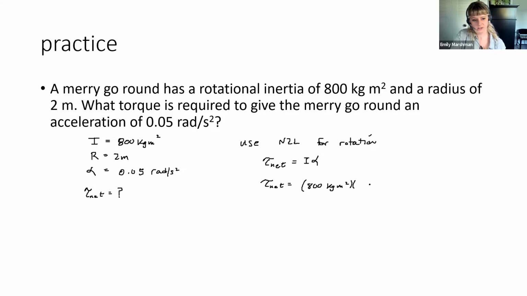Angular acceleration is 0.05 radians per second squared. The torque required to cause this angular acceleration is 40. And you can check the units later, but the units come out to be a Newton multiplied by a meter.